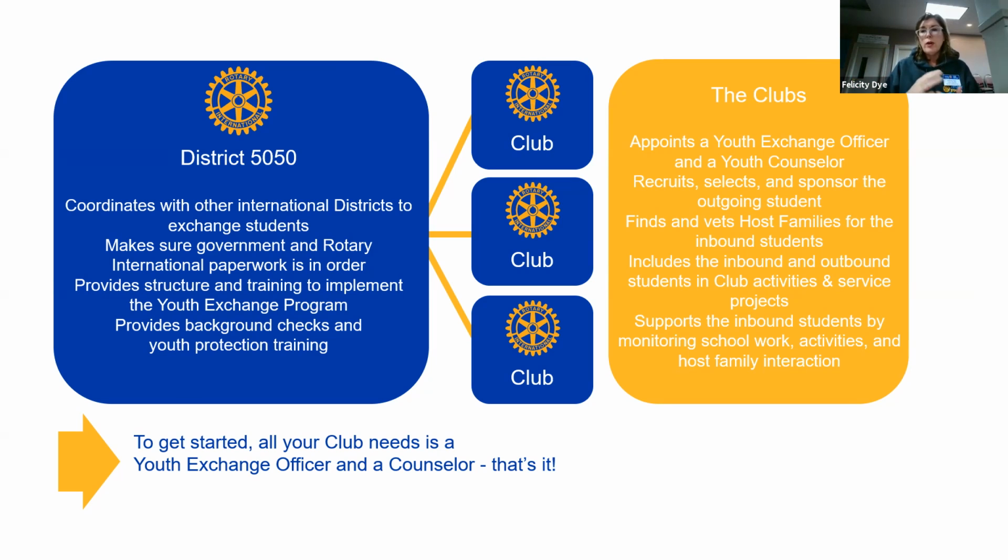We make sure that our program is running in accordance with the US government, the Canadian government, and Rotary International. So there's three sets of rules that we have to work through in our district. Luckily for you guys, it's just two: the US government and Rotary International. And most of the complicated things come from our US Department of State.